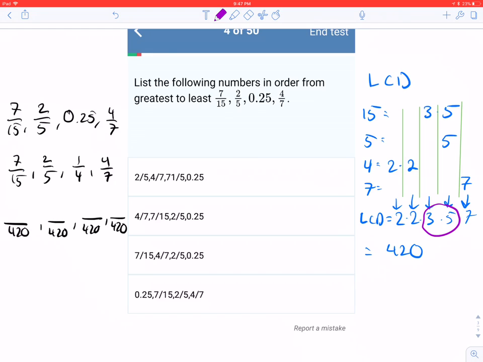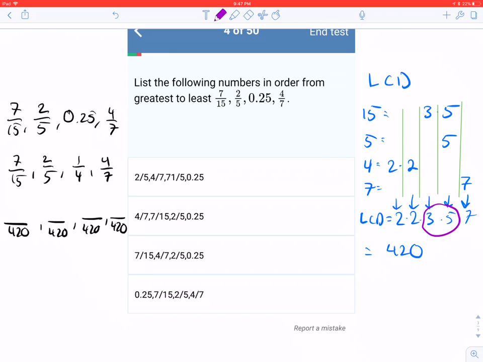So if we look over here, we've used the 3 and the 5. What's left is the 4 and the 7. So we got to multiply the top by 4 times 7. So 7 times 7 is 49. So it's basically 49 times 4.